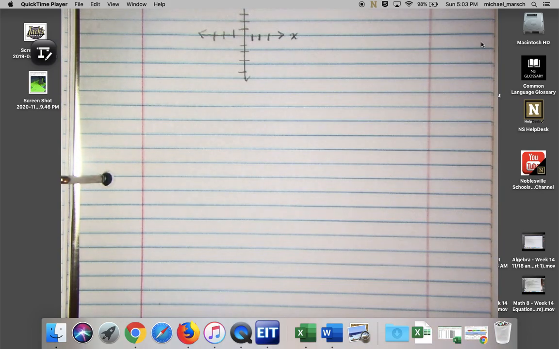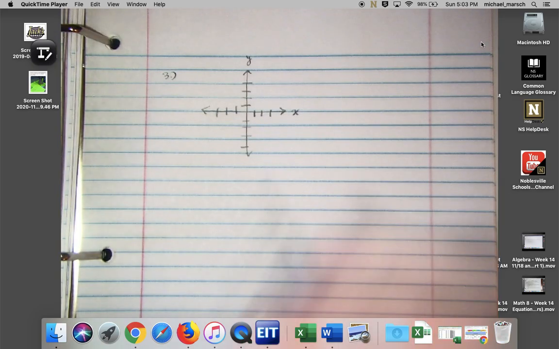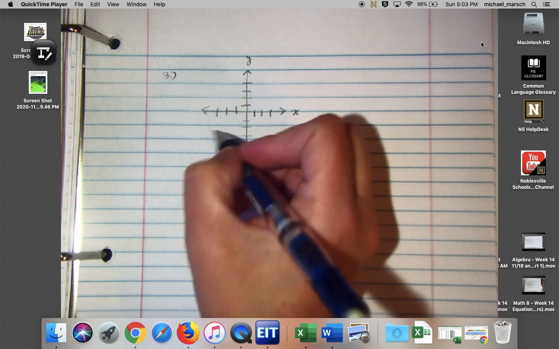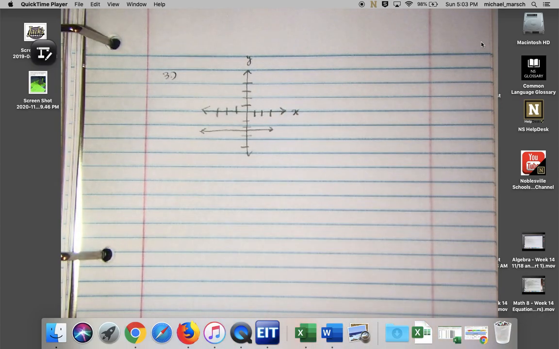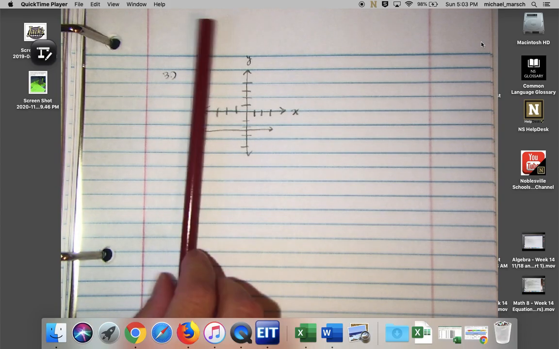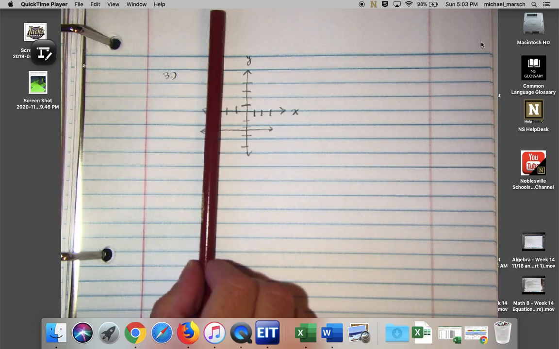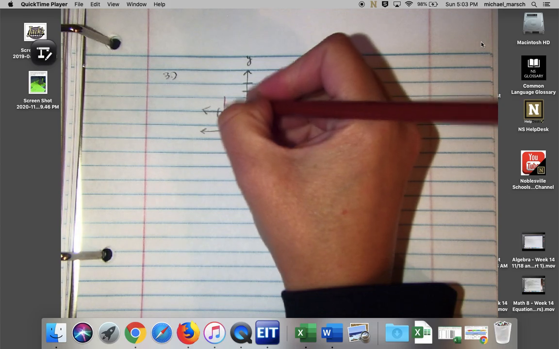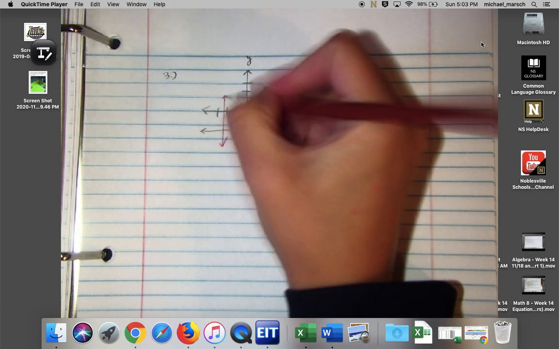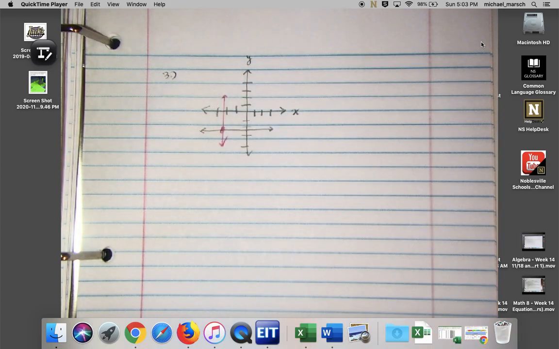Okay, oops, so there's my next coordinate plane. So if I were to draw a horizontal line, right? And then if I tried my vertical line test, so for example, if I drew a vertical line anywhere through this, it's going to pass, right? Because it's not going to fail the vertical line test.